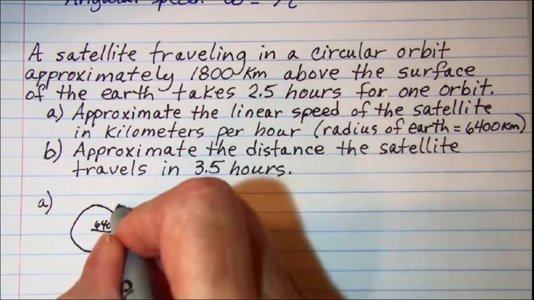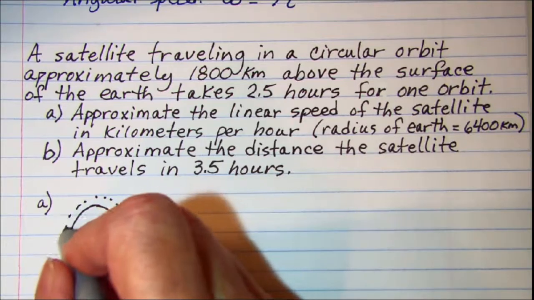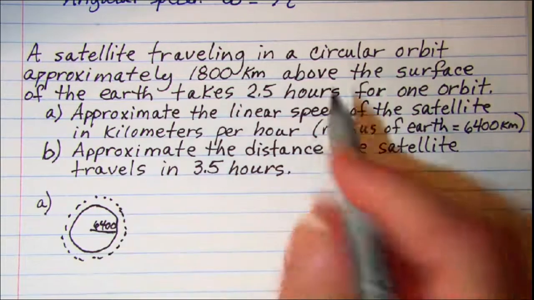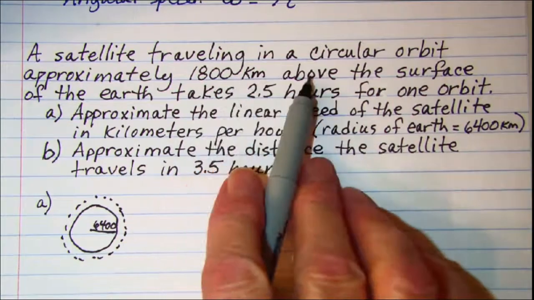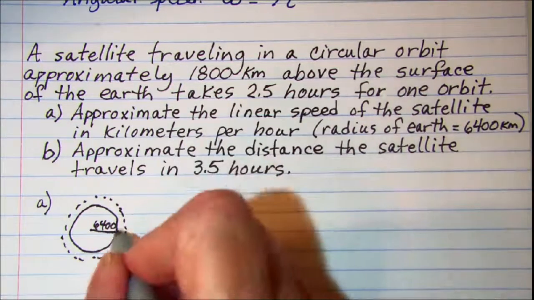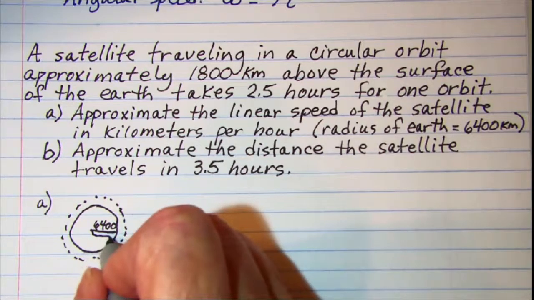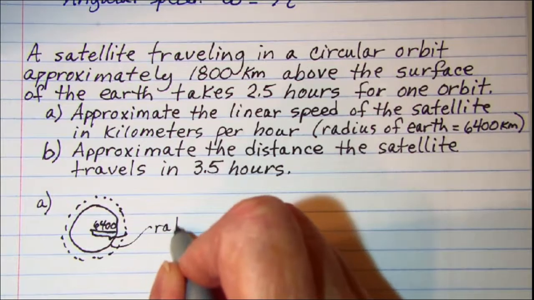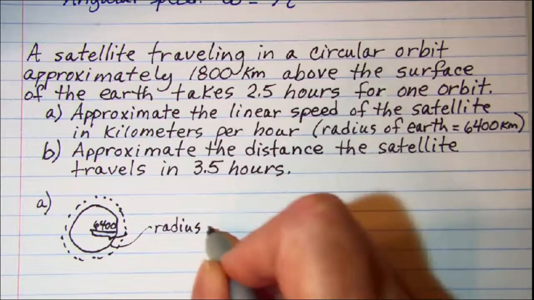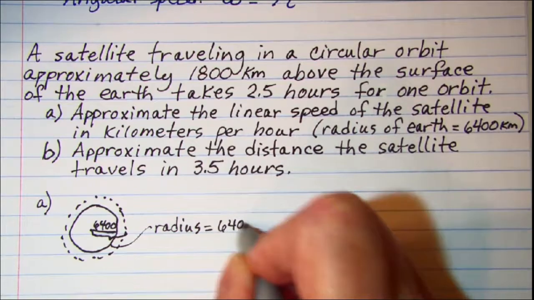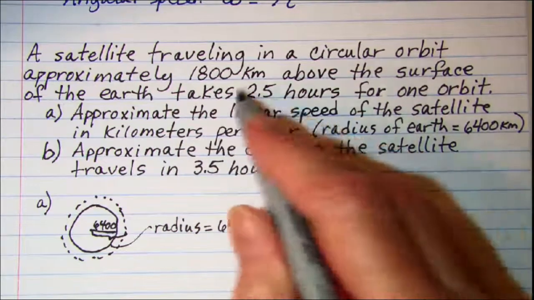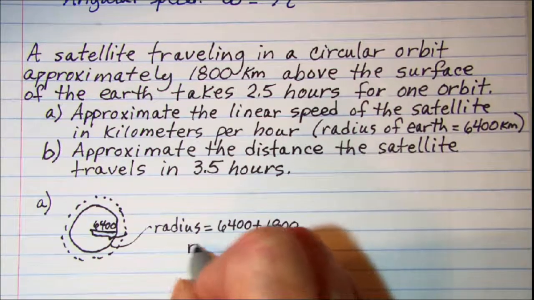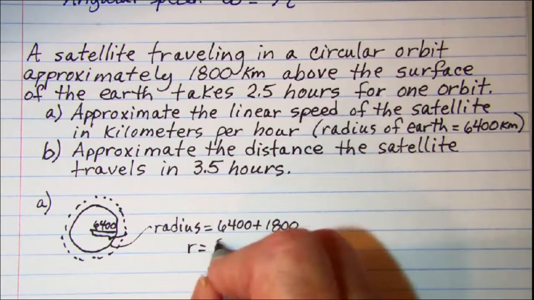And then our satellite is orbiting 1,800 kilometers above the surface of the Earth. So we need to find the radius of our orbit, and that's going to be 6,400 plus 1,800. So our radius is equal to 8,200.